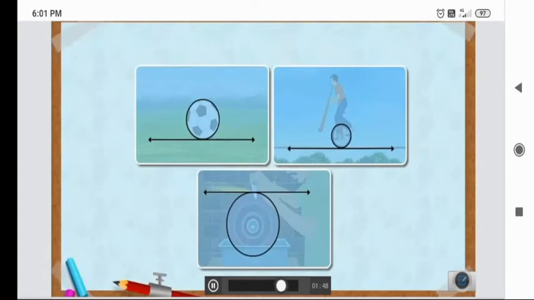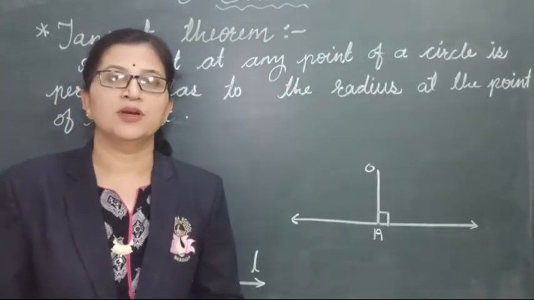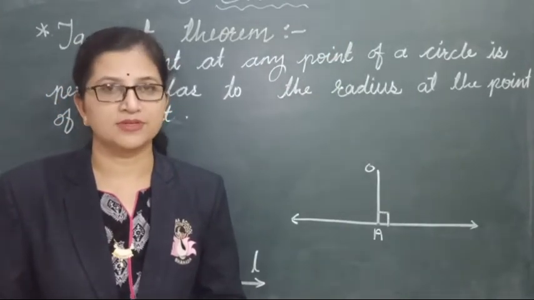In all these examples, each line touches the circle externally at one and only one point. Such lines are known as tangents. The word tangent comes from the Latin word tangere, which means to touch. Friends, it might be clear to you now what is meant by a tangent and a secant of a circle.